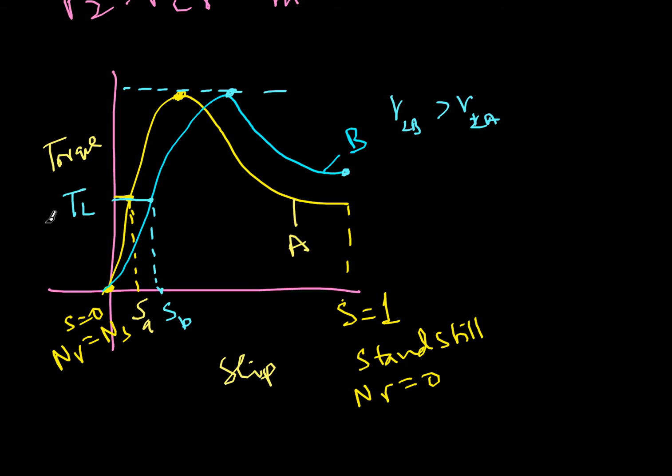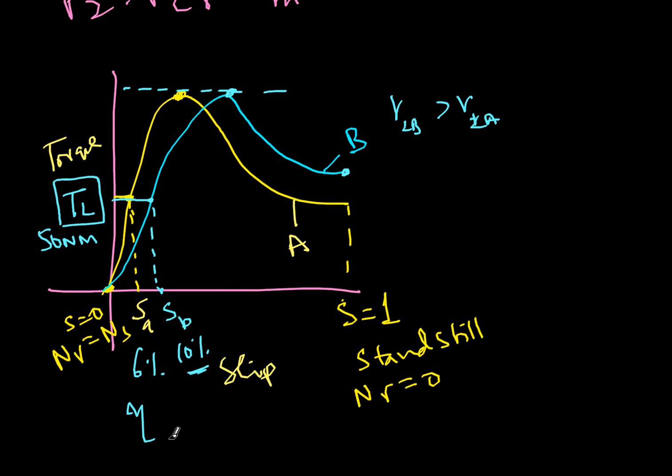The disadvantage is to meet the same torque demand of the load. Let's say the torque demand of the load is 50 Newton meters. For the same 50 Newton meters, the first machine will have a smaller slip. Let's say SA is 6%, whereas SB is 10%. So while machine B has the advantage of higher starting torque, when it comes to the running conditions, there is at least 10% losses.